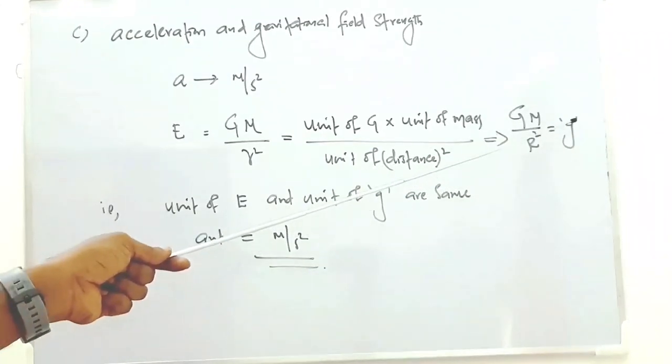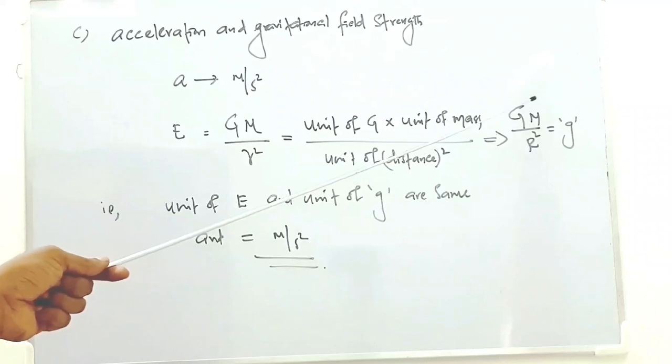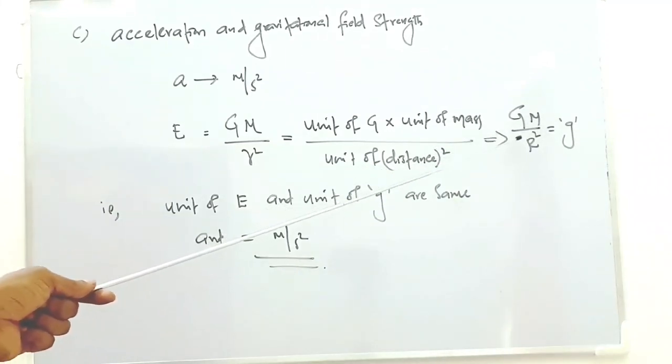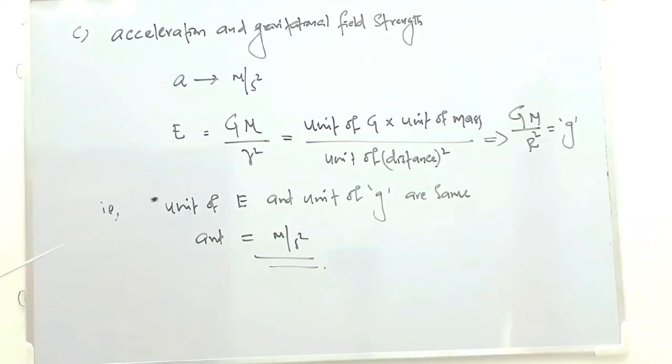So while writing the unit of small g, you have to find the unit of G into unit of mass, all divided by unit of distance square. That is, the unit of E and the unit of g are the same. Here g is acceleration due to gravity. That is, the unit of E is equal to the unit of acceleration, which is equal to meter per second square. So both are having the same units.